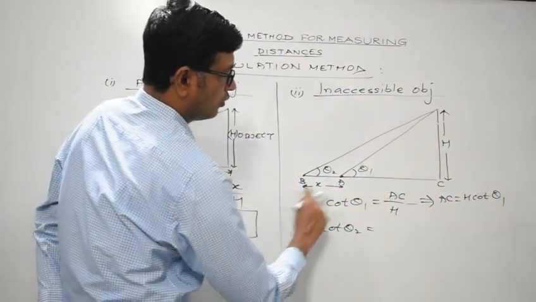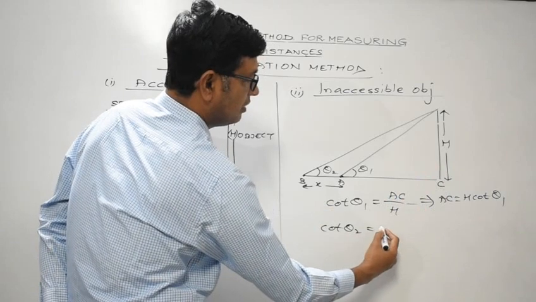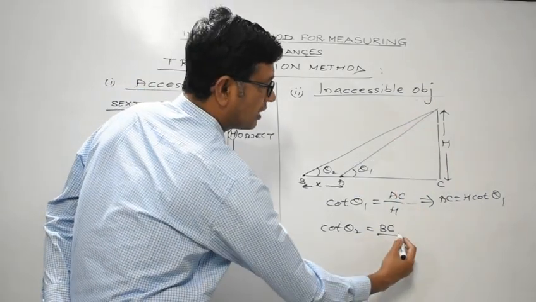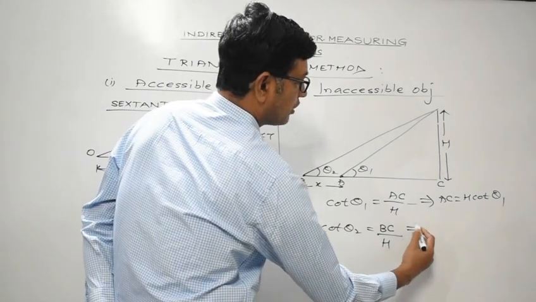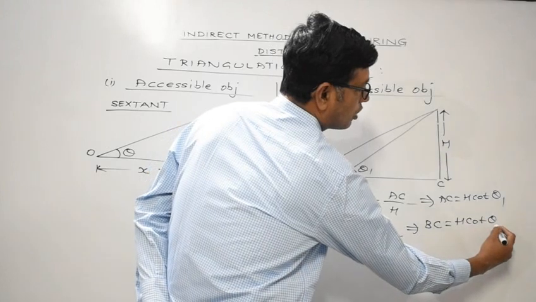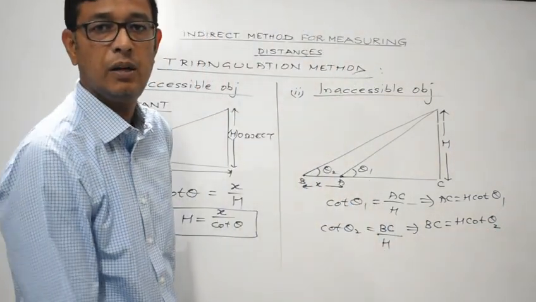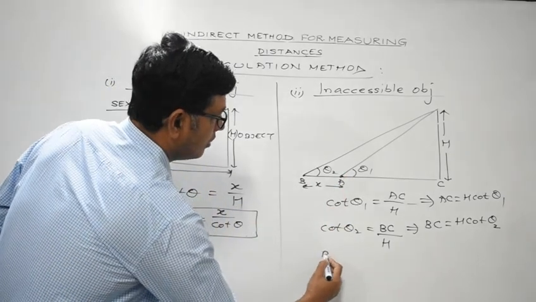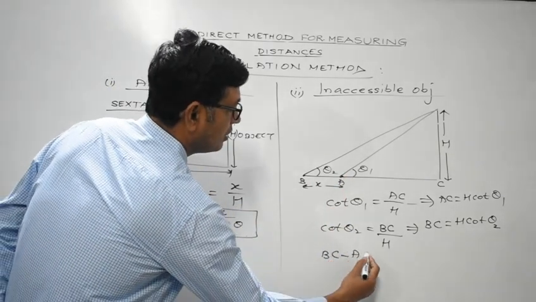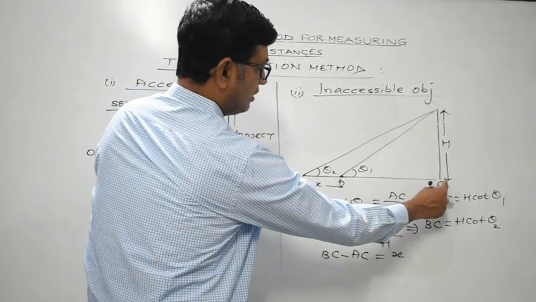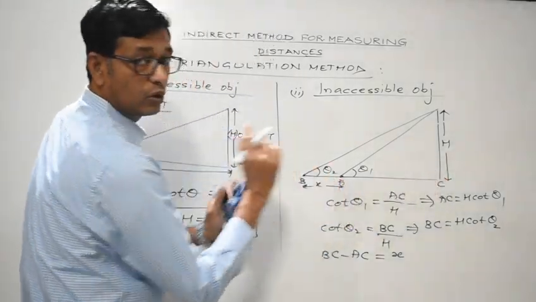Cot theta 2 is BC, base over perpendicular, that is h, which implies that BC is equal to h cot theta 2. Am I clear? Now look at the diagram. BC minus AC is equal to x. It's very clear.